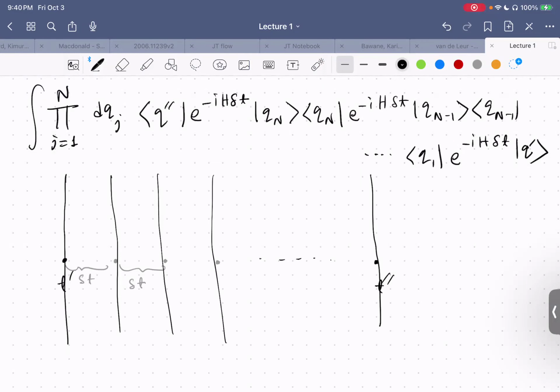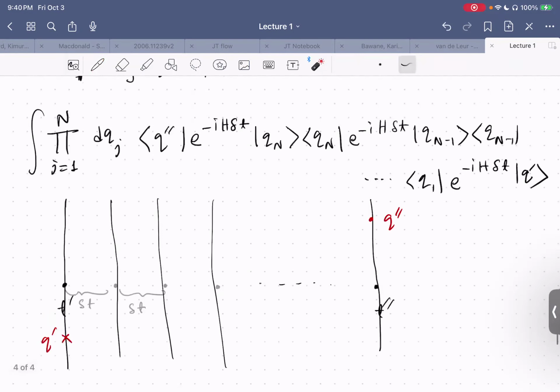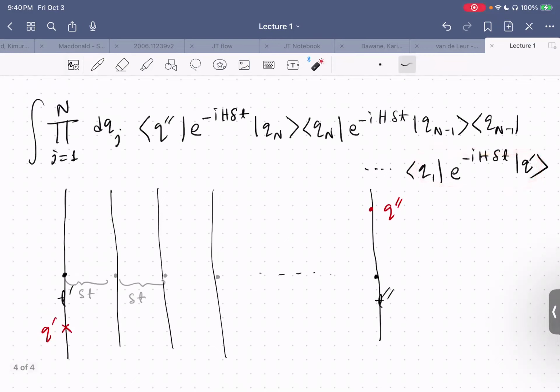And what we're saying is that we start from a position, say, q prime at time t prime, and we want to end up at q double prime. But let's look at the first term. So this is the transition amplitude for going from q prime to q1 in the time interval delta t.